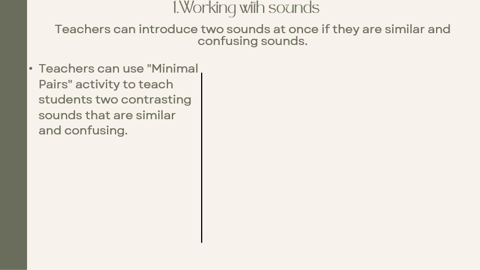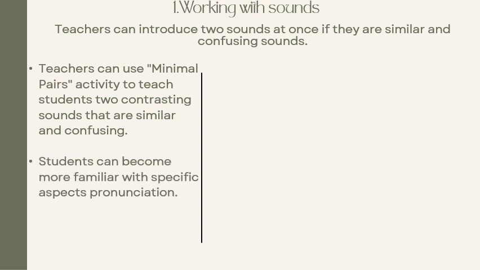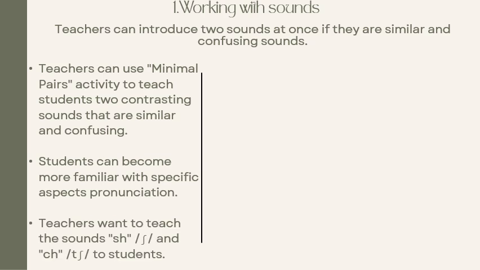So let's say you want to teach the sound of SH and CH, right? The sound of SH has the sound sh, and the sound of CH has the sound ch, right? To students, what you can do is give them a list of pairs of words containing the two sounds.